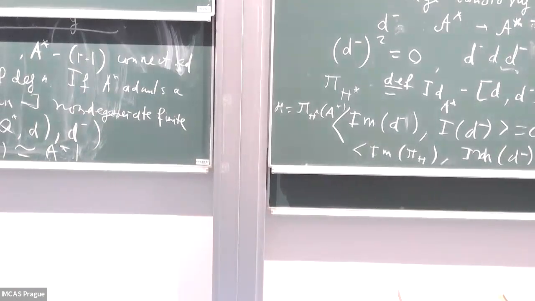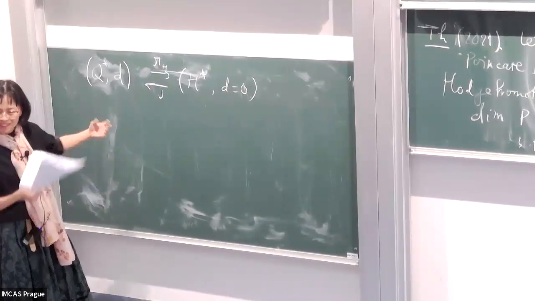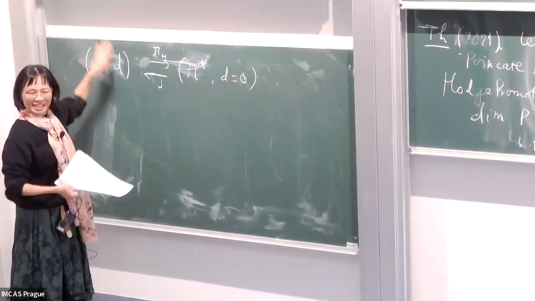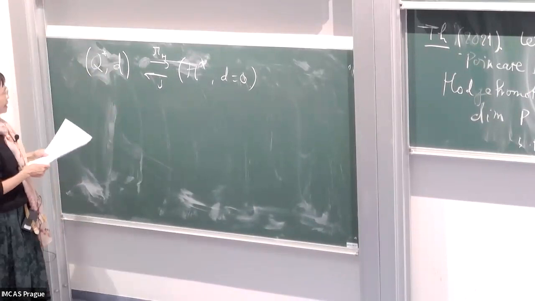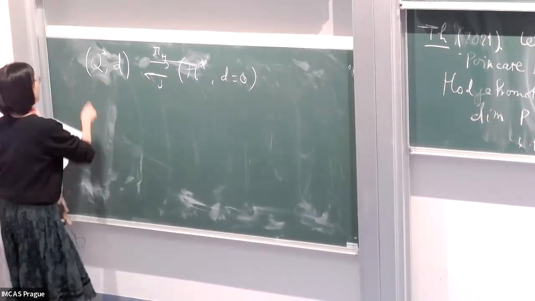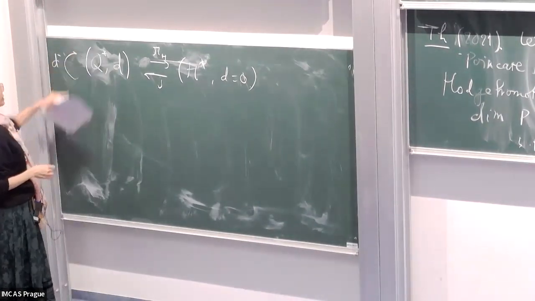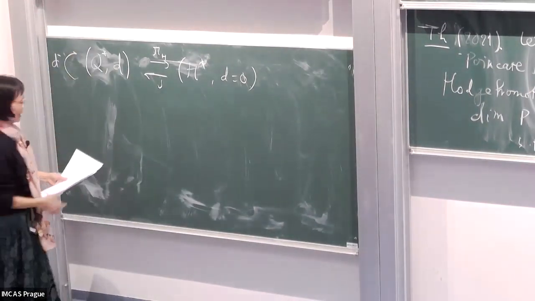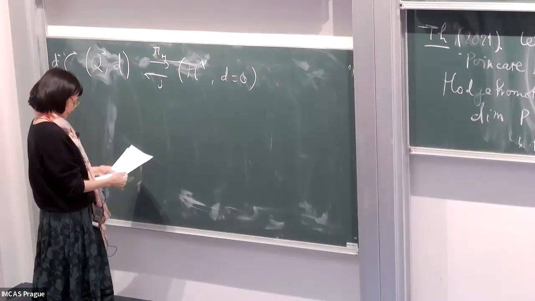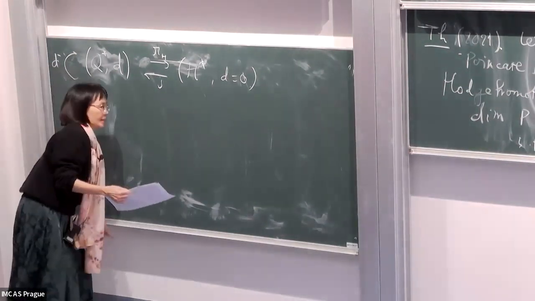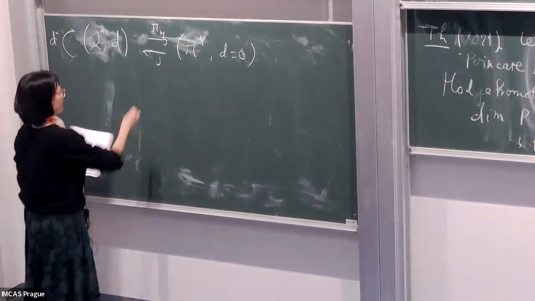In our paper of 2021, you emphasize the harmonic space, but actually the operator is more important. So in our new paper, we emphasize the operator, the Hodge homotopy, and we look at the operator d and d minus here, which satisfies the conditions of the homotopy transfer theorem.